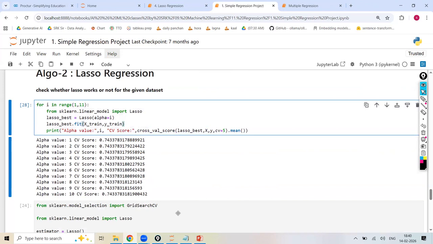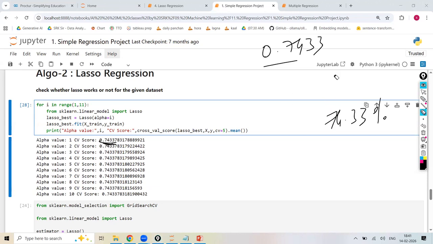Clear or not clear? Up to how many decimals do we have to consider? You need not consider much, only 2 decimals. 2 decimals means not this one. This 0.74 is equal to 74%. But according to this, we have to go with 3 decimals, that is 74.33%.